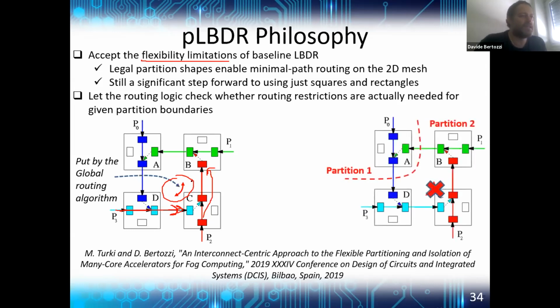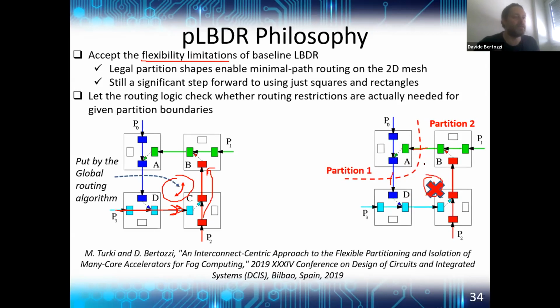But once we establish partition boundaries, then the partition boundary itself is a way to solve the deadlock problem, because it is as though we were preventing this cycle. Okay? Since you cannot cross this boundary, and you cannot cross this boundary, it's even more conservative. So you will never have a cyclic dependency here. And so it's useless to have this routing restriction.